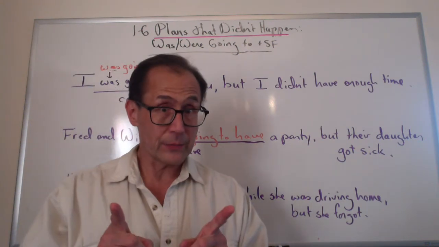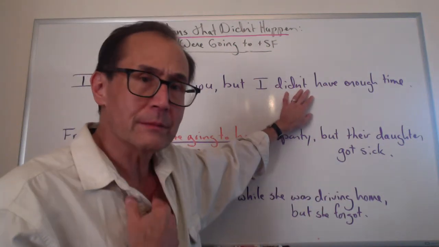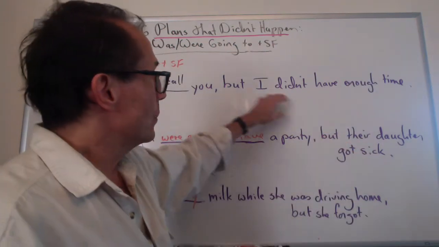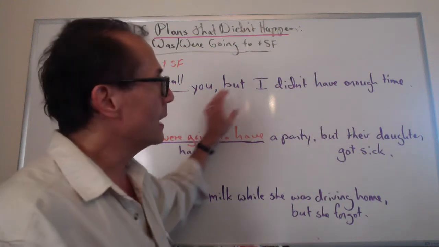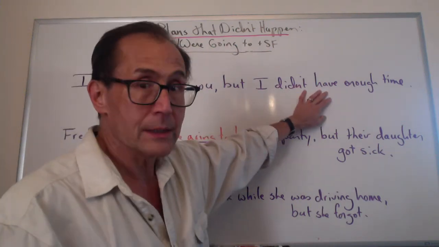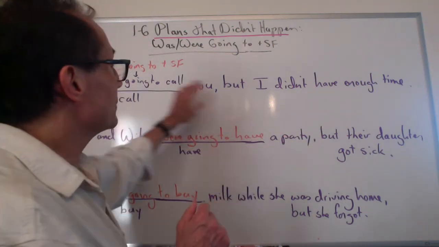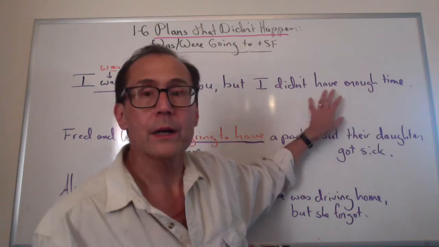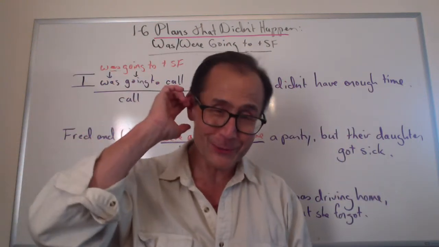Now, you might have noticed something. Usually, in fact, I'd say probably the big majority of the time, when I use was and were going to show something that didn't happen, I will add a phrase to make it really clear this didn't happen. So if I say, I was going to call you, but I didn't have enough time, but I didn't have enough time makes it very clear, oh, I didn't call you, okay?